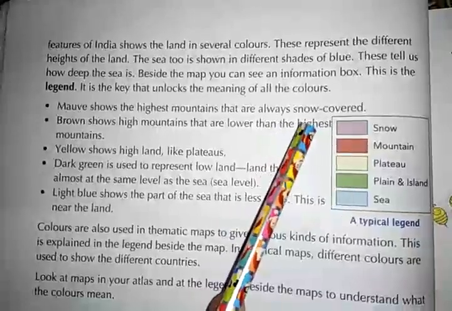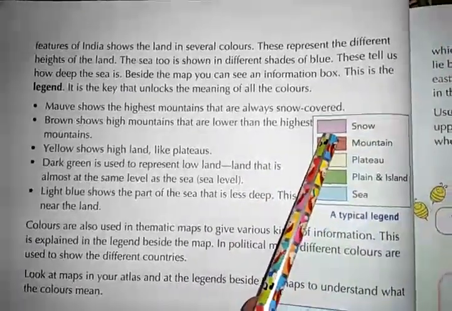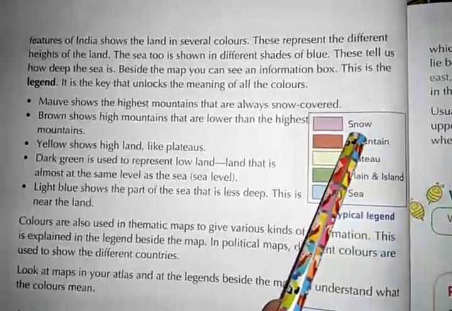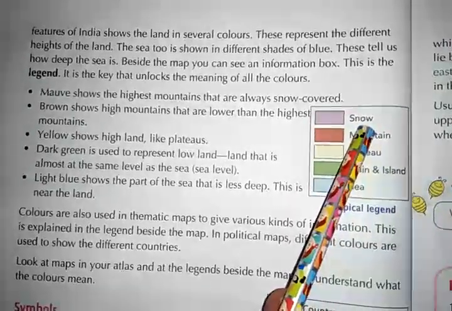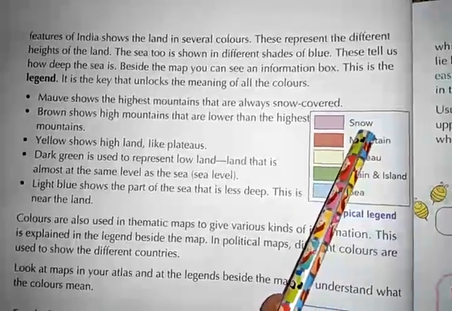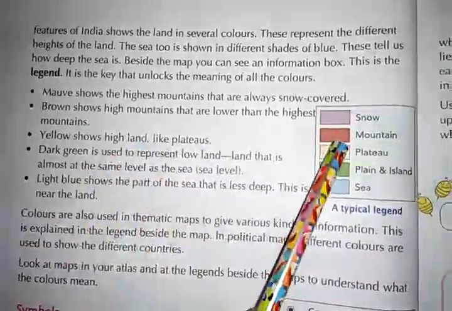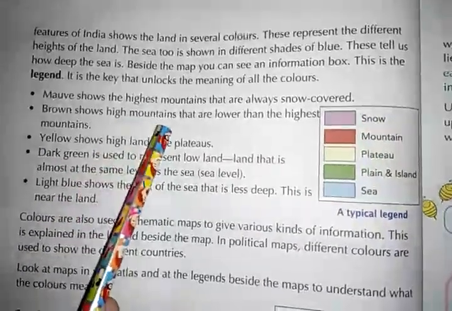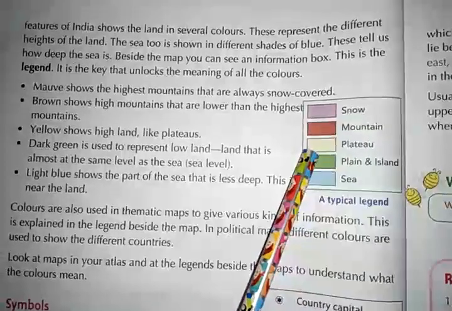mauve shows the highest mountains that are always snow covered. So mauve color shows snow covering the high mountains. Next is brown. Brown shows high mountains that are lower than the highest mountains. Next is yellow.